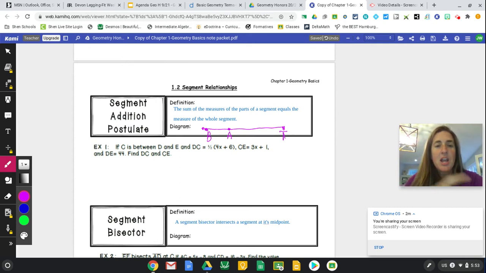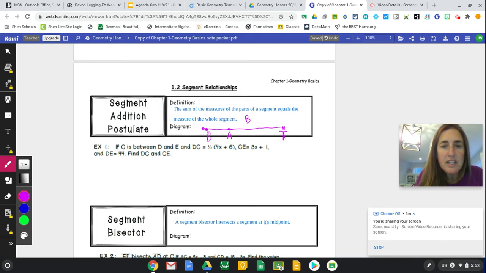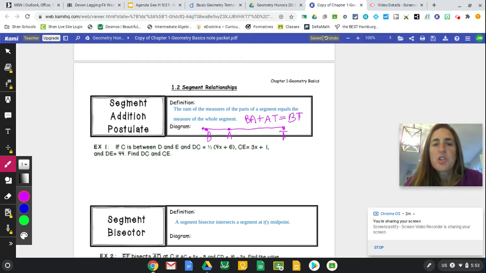We don't know. But I do know that if I take the distance from B to A, or this segment here, and add to it the distance from A to T, the length of BA and the length of AT has to equal the length of the whole segment, which is from B to T. So the two parts of the segment have to add up to the whole.